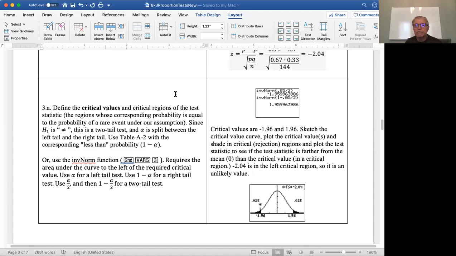Remember, alpha is 0.05. That's the total alpha. We're going to be using half of alpha for the left critical value, and the area to the left of the right critical value is going to be 1 minus half of alpha. Okay. So we're going to be putting those two things into our function.